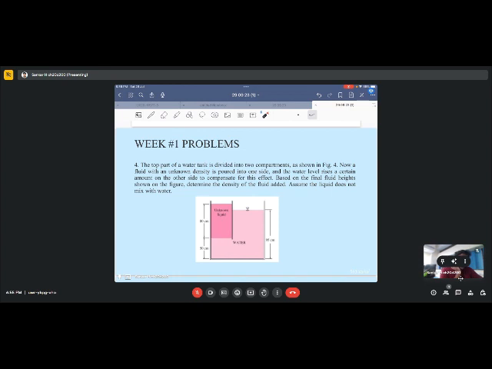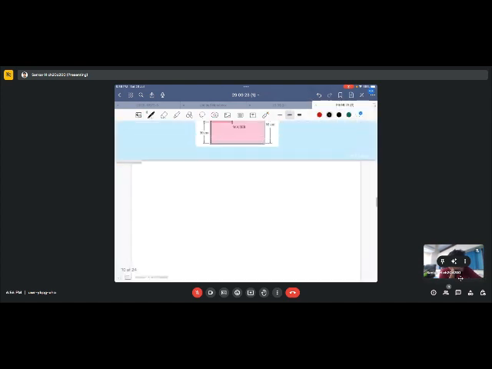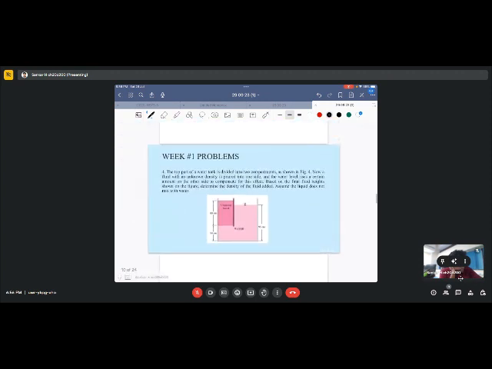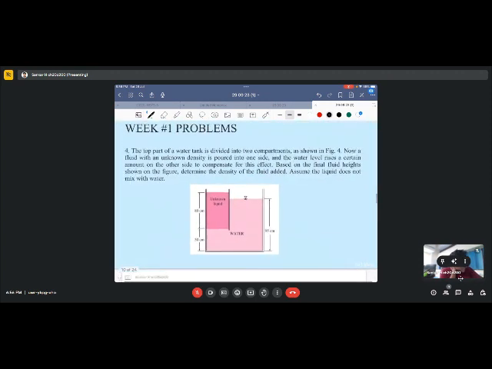Just by looking at the problem, what assumptions can we make? The first assumption we can make here is that the liquid does not mix with water. That means it is an immiscible fluid. The second assumption is that this liquid stays on top of the water.